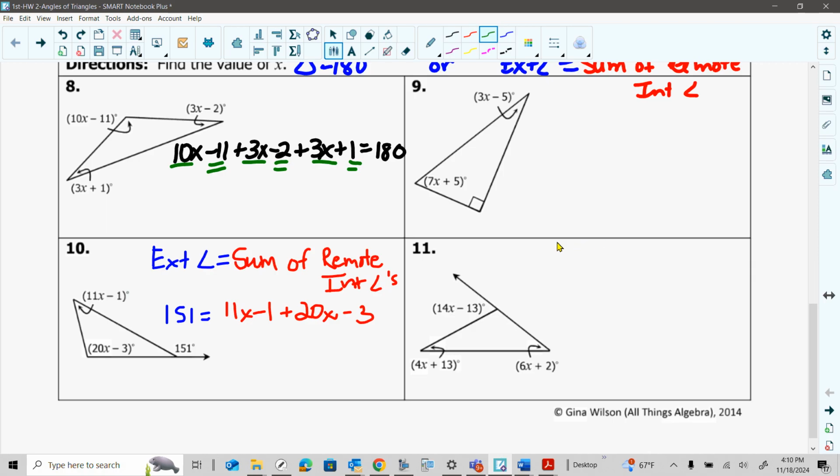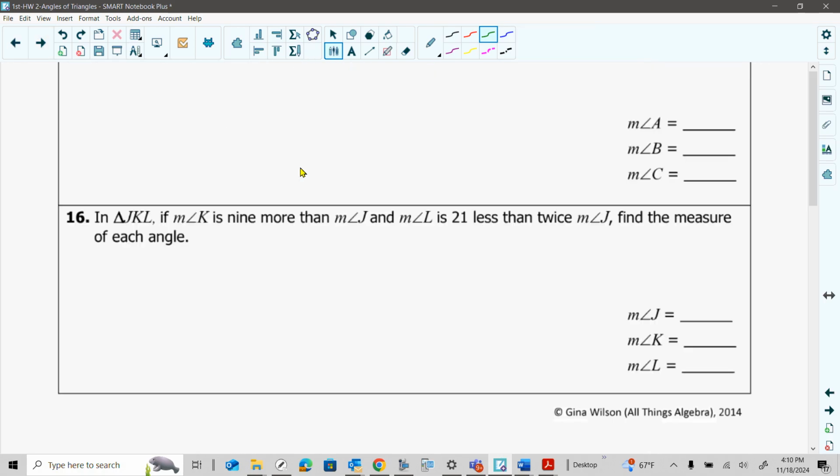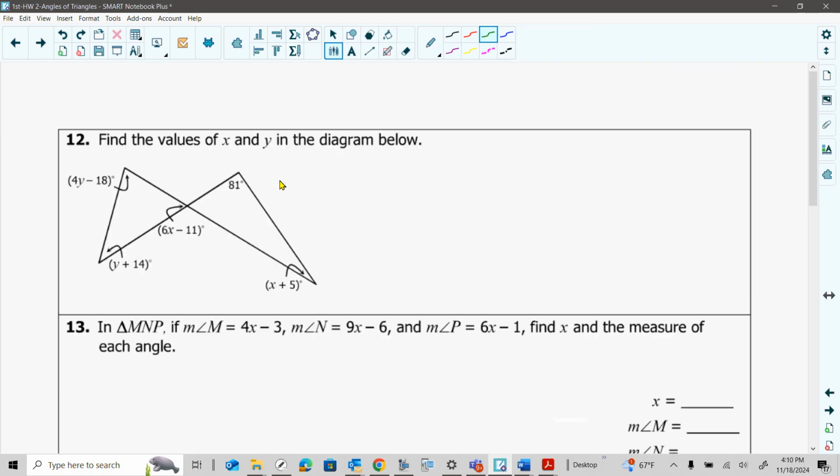Okay. Now, when you get to the back, this correlates with our more practice that we did in class. So like number 12 is similar to, I think it was number 5 on the more practice, where you have to find the x first.